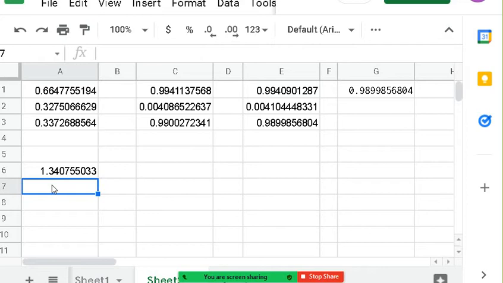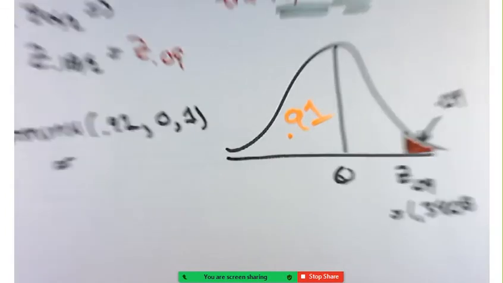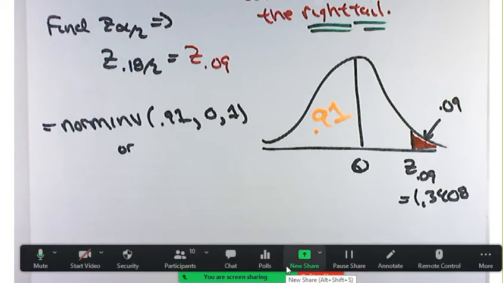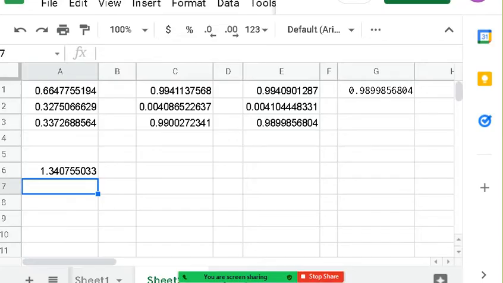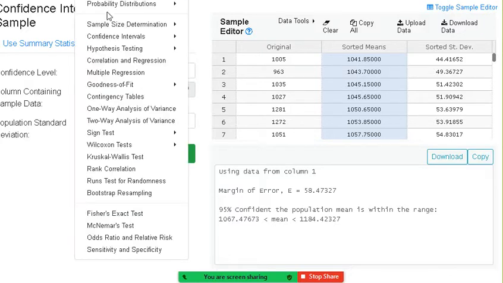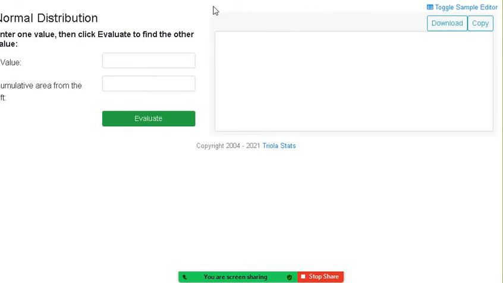Or you could get that from StatDisk. Now to get it from StatDisk, we're going to go back to our normal distribution under the probability menu, under the analysis menu. So let's find that. Analysis, probability distributions, normal distribution. So we've got an area and we want to find the z-value.